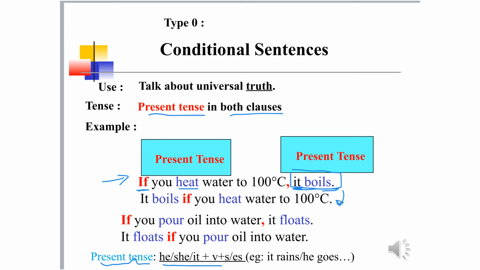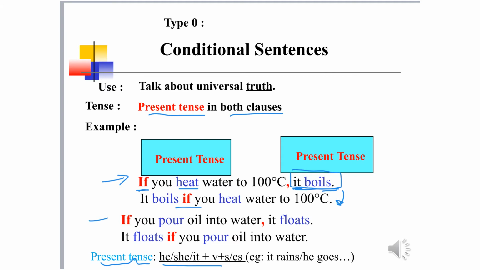We can also express it in this way too: it boils if you heat water to 100 Celsius degrees. Full stop. Notice that there is no comma between the two clauses. There is only the full stop at the end of the sentence, like any other normal sentence. So this is another way of expressing the if conditional sentences.